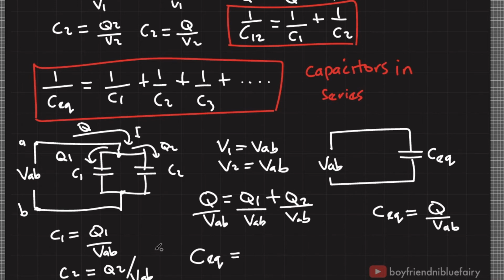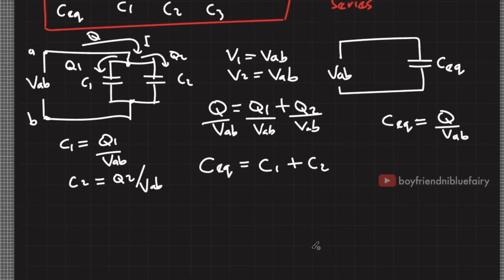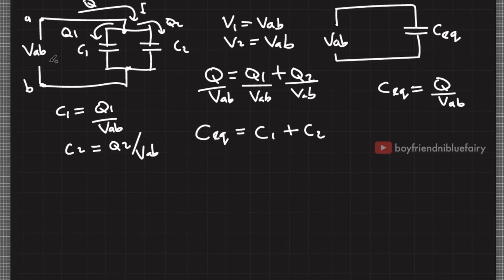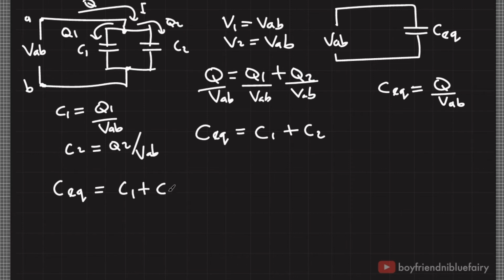Q sub 1 over V sub AB is equal to C sub 1, and Q sub 2 over V sub AB is equal to C sub 2. To generalize this, when you have many capacitors in parallel connection, their equivalent capacitance is equal to the sum of the values of the individual capacitances.